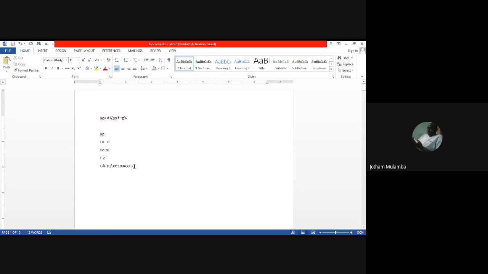So in that case, we can now substitute in our formula. We'll have 0 divided by P, which is 30, minus flotation, which is 2. Then the answer we get there we will add to 33.33.